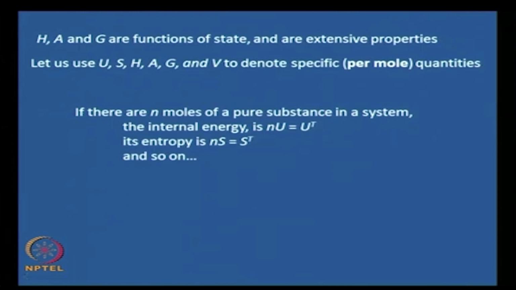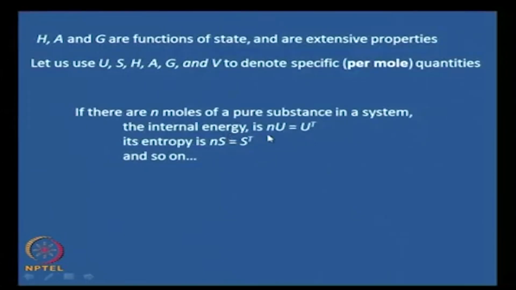But not all systems will be composed of 1 mole, therefore we need a terminology which will address different numbers of moles present in a system. Let us first consider a pure substance, and let us say that there are n moles of the pure substance in the system.